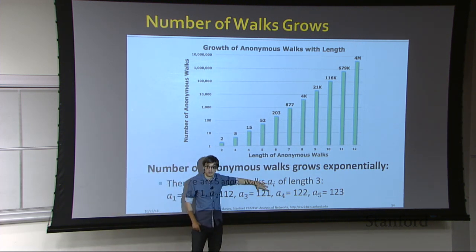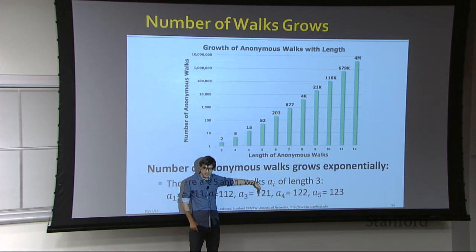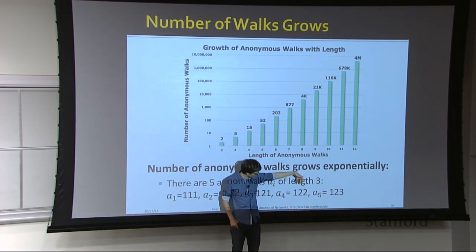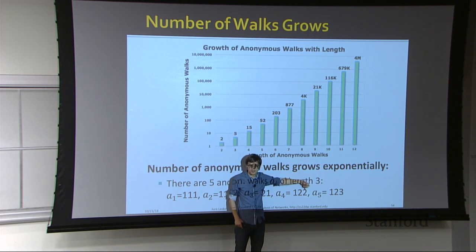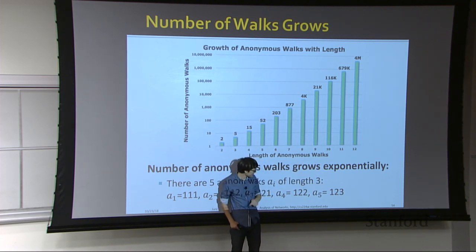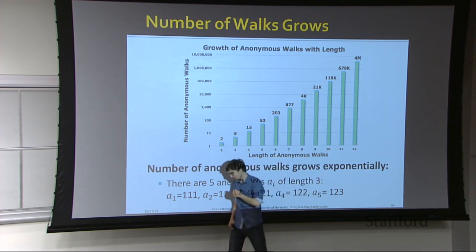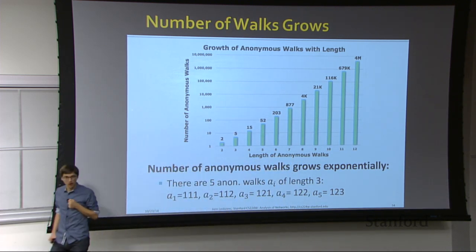Then I can do 121, which is: I'm at a starting node, then I go to a new node, and then I go back to the starting node. Then 122, it's clear what it means. I start at a node, I go to a new node, and then I stay at that node. So it's a self loop or something. And then 123 means I visit three different nodes during the 3 steps of my walk.